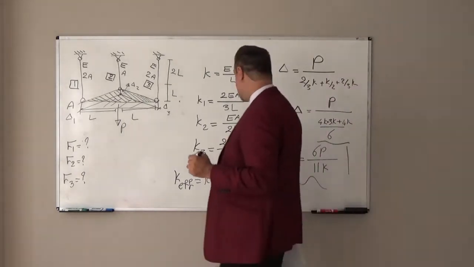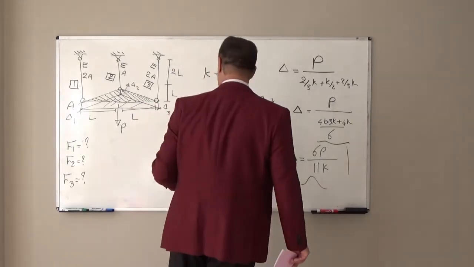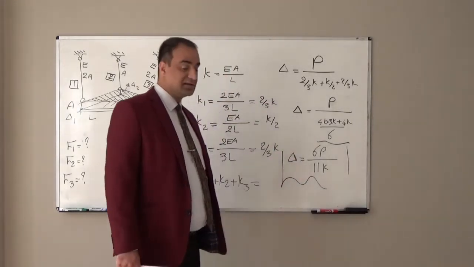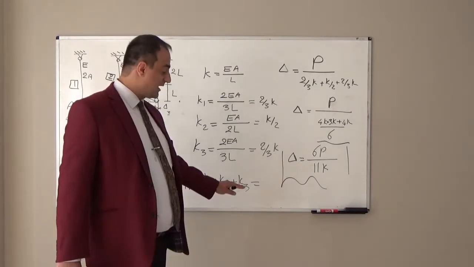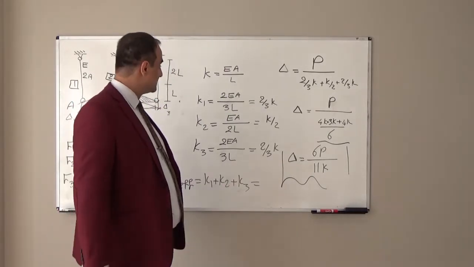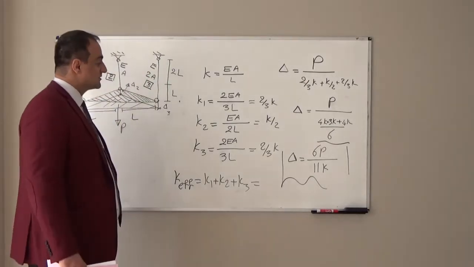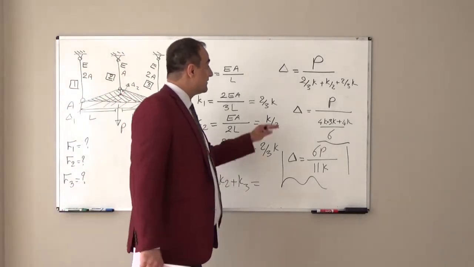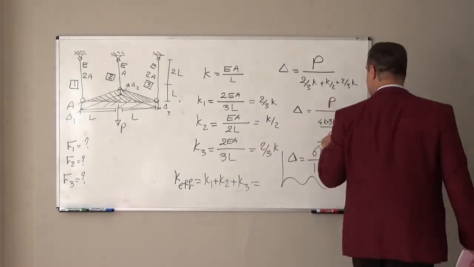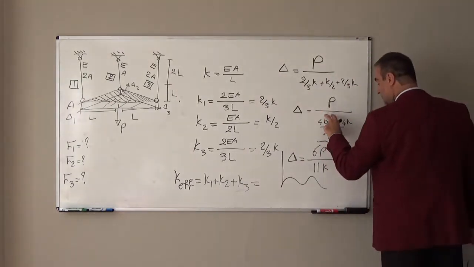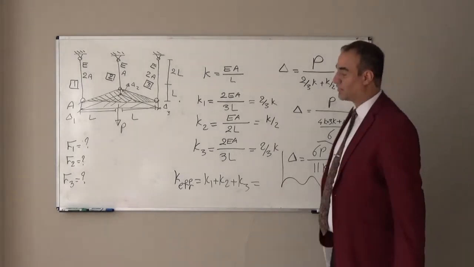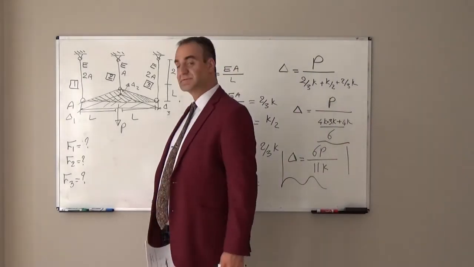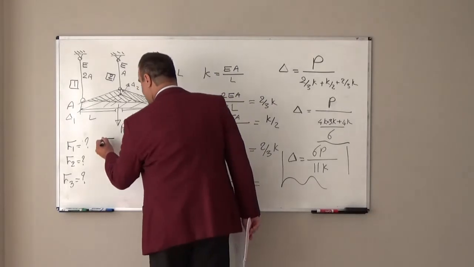And you can double check now. Total deformation will be 6P divided by total stiffness, because they are parallel. We add stiffness together, and we end up with total or effective stiffness. Total force divided by total stiffness will give us deformation. Now we have deformation. So what is the force in spring 1, or what is F1?